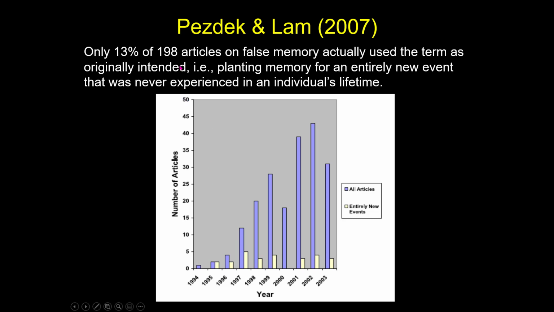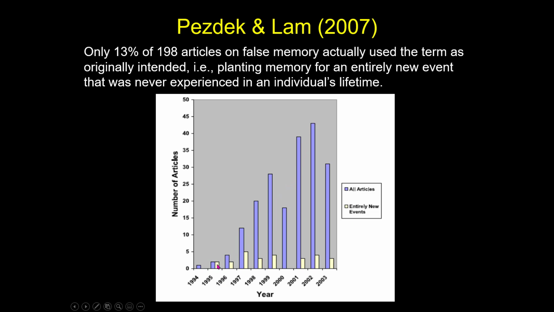And so of those 198 articles, what we see is that over the years there's been an explosion of research published on the topic of false memory, starting with a few studies, and then in the decade that follows, many, many more studies were conducted. Now, this is all of the studies. You can see that explosion in research.